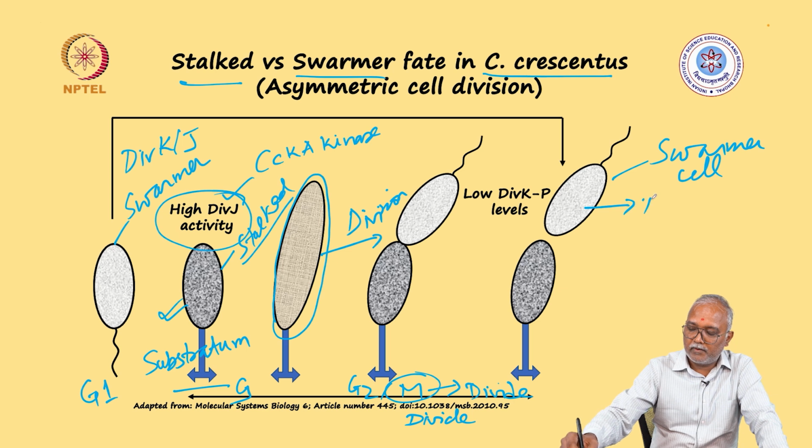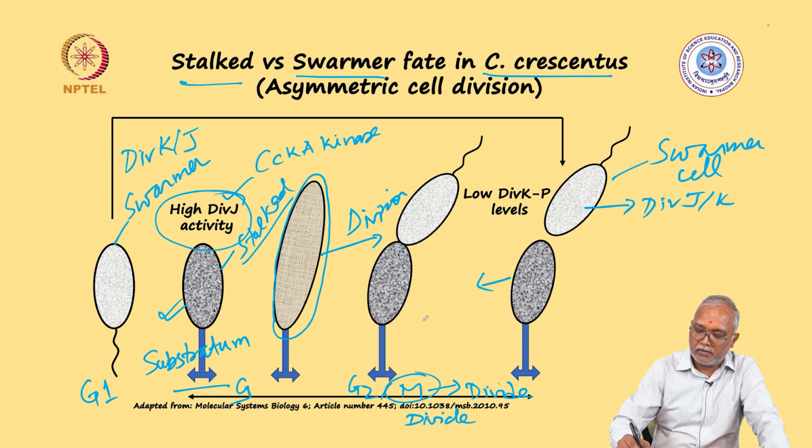And one of those types of signaling will be going on. Here you will have DIV-J, DIV-K kind of signaling. Here you will have CCKA kind of signaling going on.